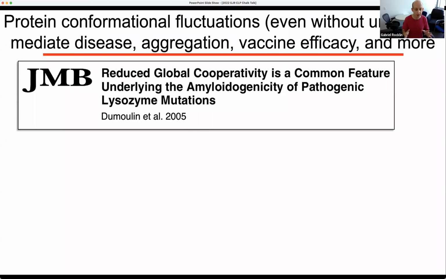These mutants destabilize the protein somewhat, but even the mutated proteins are still incredibly stable in terms of their global stability. But what these mutants do is they cause a particular region of lysozyme to have conformational fluctuations, like local unfolding, that doesn't happen in the native protein.